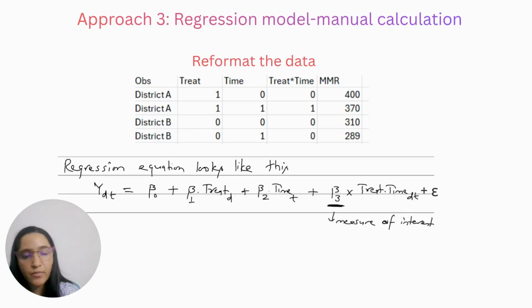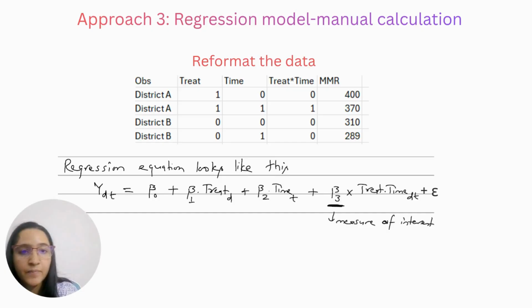So our regression equation is of this form: y dt, that is the MMR for district d in time t, is equal to beta naught, that is the intercept, plus beta 1 times the treat variable, beta 2 times the time variable, and beta 3 times the treat and time interaction. So this beta 3 is our measure of interest that gives the causal effect.